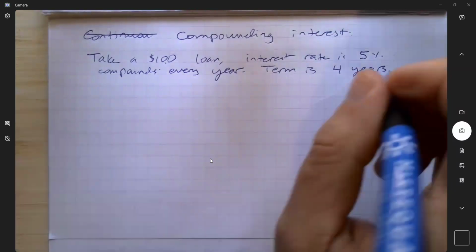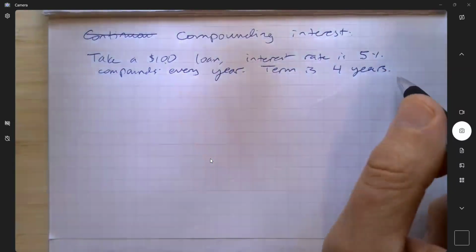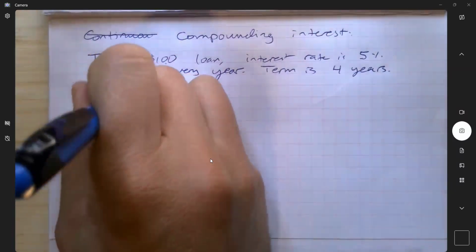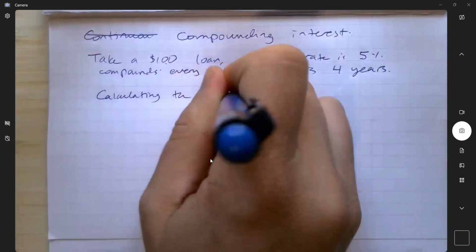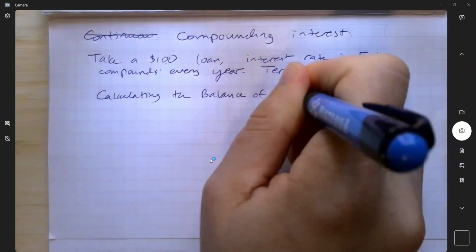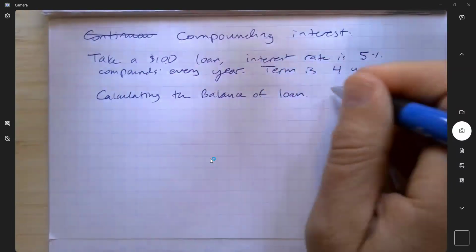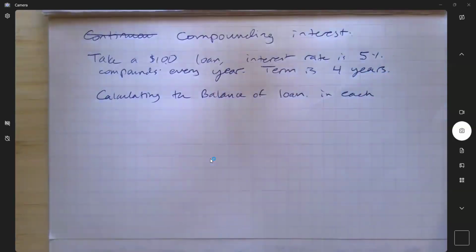When we do this, we're not going to be calculating the interest by itself. We're actually going to be calculating the balance of the loan in each year, as opposed to just the interest on the loan itself.